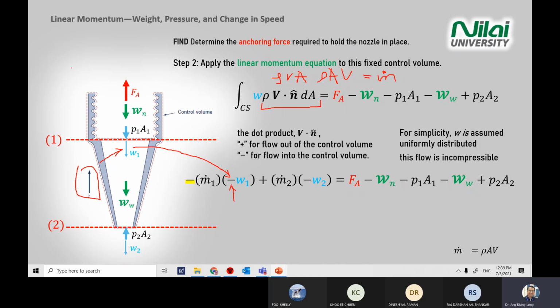But for this tutorial question, what I highlight is that W is going down and is opposite to your Z. So that's why we have a negative sign here. I already explained the positive sign for m dot, positive sign for the whole thing. In this case, you should understand why there's a negative sign for W2.